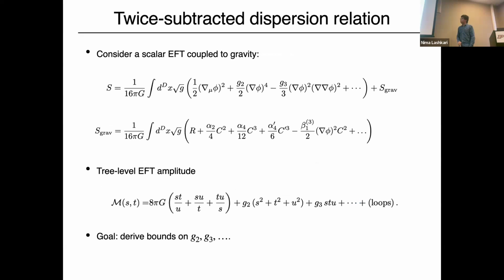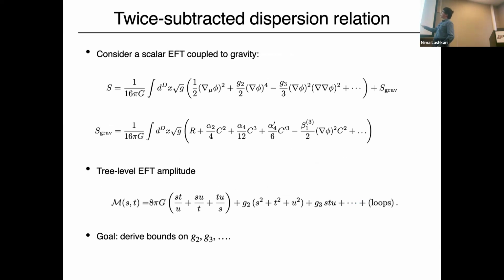The theory I'm going to consider today, I'm not going to consider graviton scattering. I'm going to consider scattering of scalars, but the scalar is coupled to gravity. The scalar can have some action like this, where it has some higher derivative terms with couplings g2, g3, and some higher couplings.